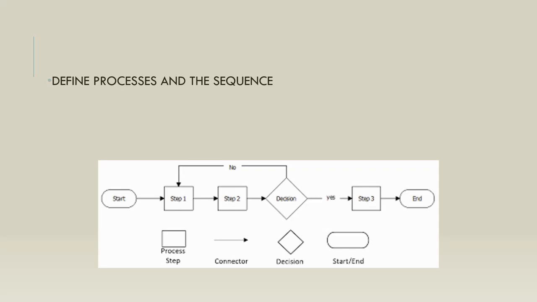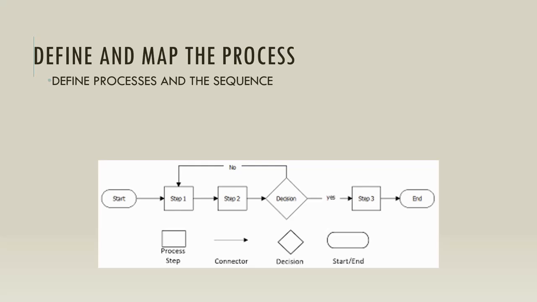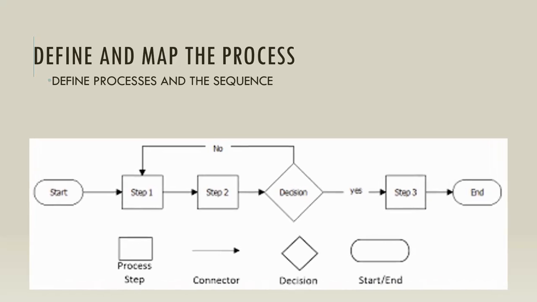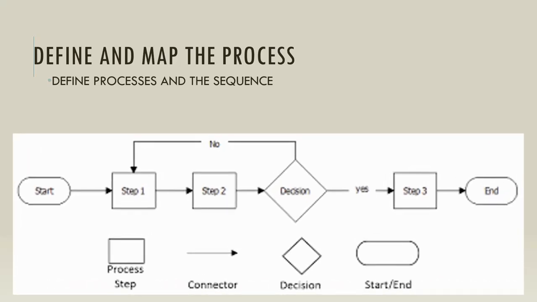Any kind of process, if we try to define it, then we have to define it through some flow chart. Then only you can map the process. Mapping of the process means how the steps are related to each other, how the process flow is there.